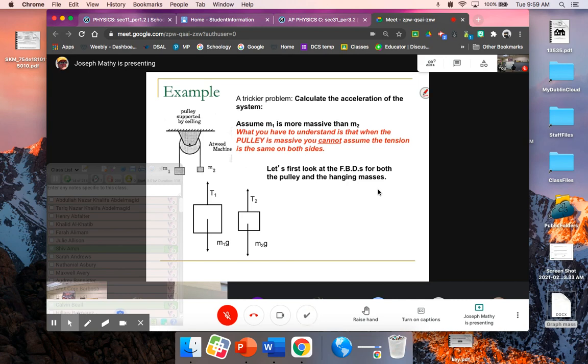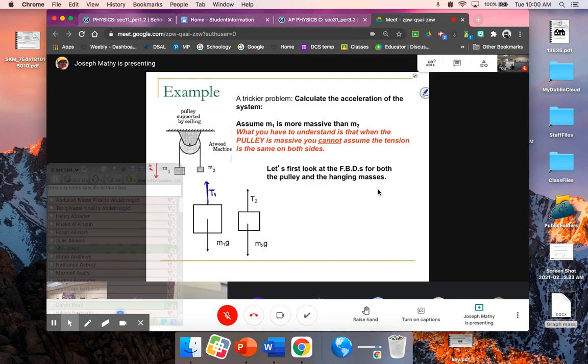So we're talking about a scenario where it says M1 is more massive than M2. M1 is more massive than M2. All right? So, we're going to say it's accelerating going down that way. We know this for sure, ladies and gentlemen.